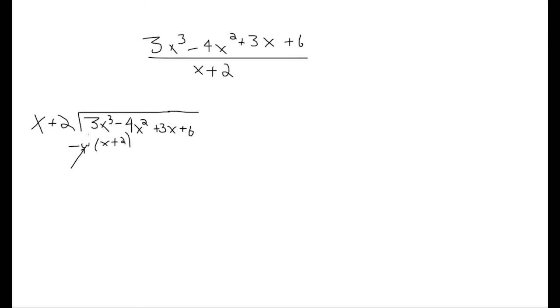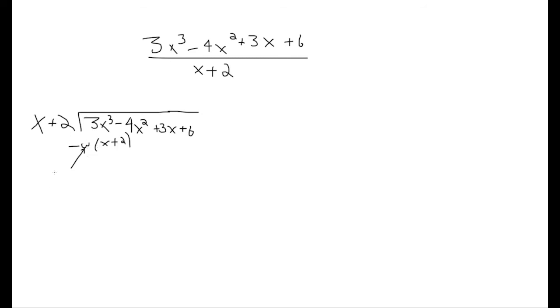This w right here is going to have the same coefficient as this first term, because the x doesn't have a coefficient in the case that we're doing this for. So it is going to have the same coefficient as the term that its purpose is to get rid of. It is like we're subtracting w times x plus 2 right now to get rid of this 3x cubed.